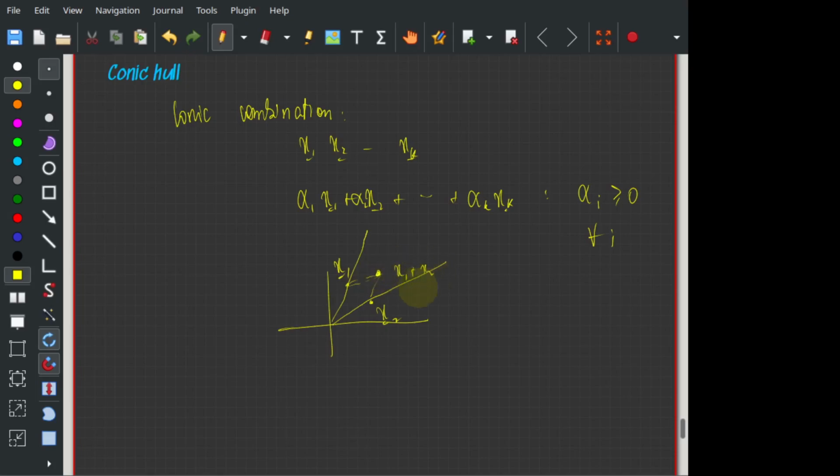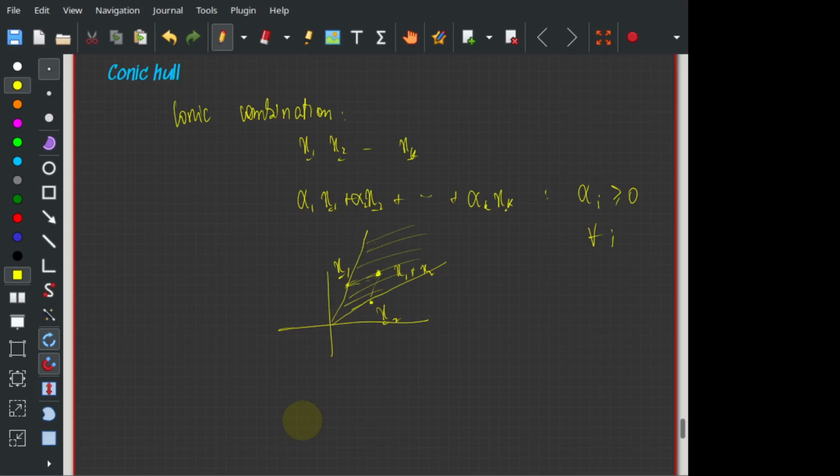If you look at any positive linear combination of these 2 points, that would be a point in this particular region. And the set of all positive linear combinations essentially gives you the conic hull. And if you think about it, this is indeed the smallest convex cone which contains these 2 points.